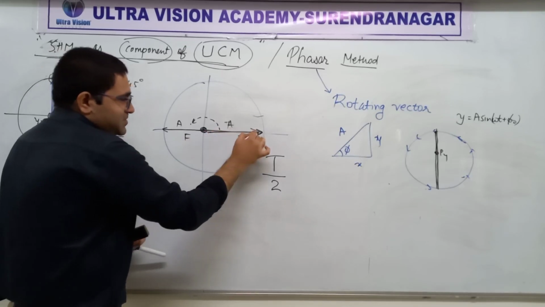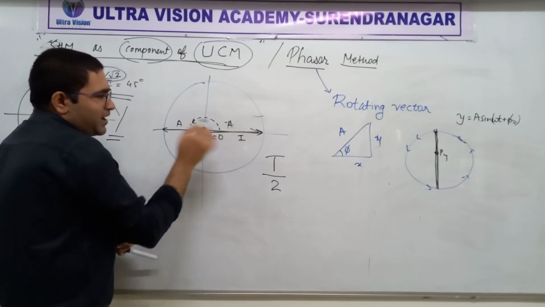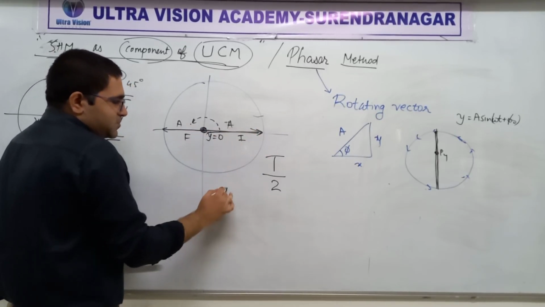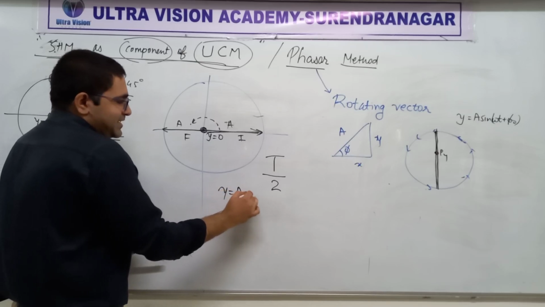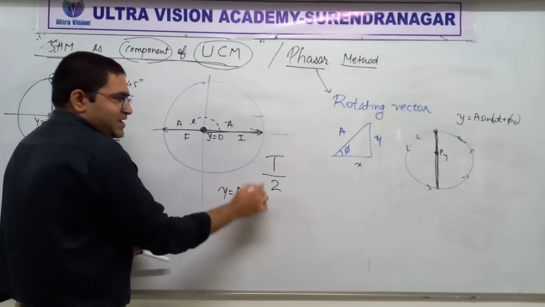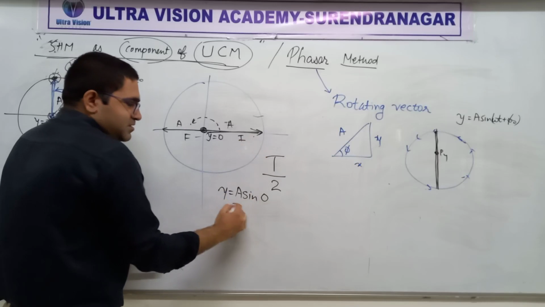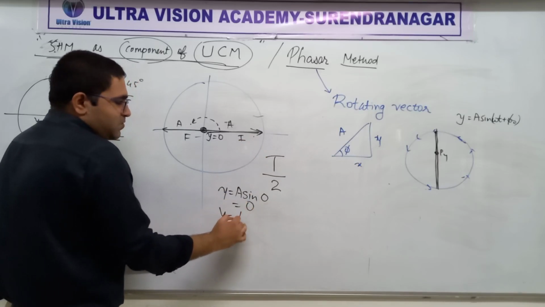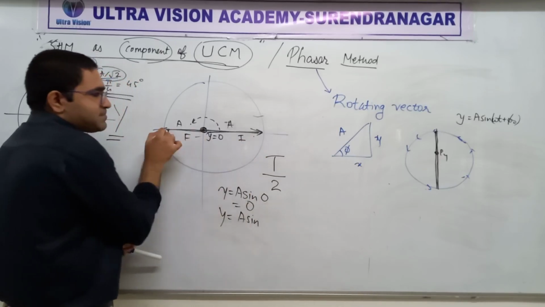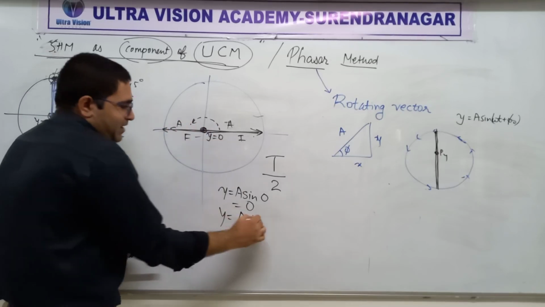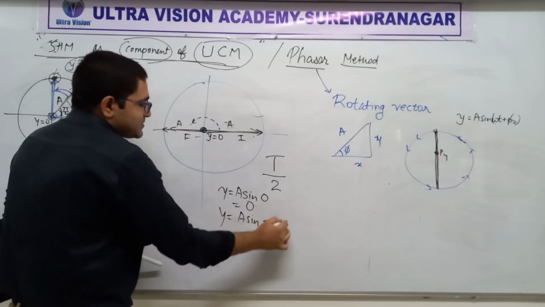If you convert this to SHM, what this is telling you is that when the phasor is here, the angle is 0, so y equals a sine phi, but phi is 0. And y equals a sine pi, the second time it's over here, at pi, 180 degrees. So once again 0.